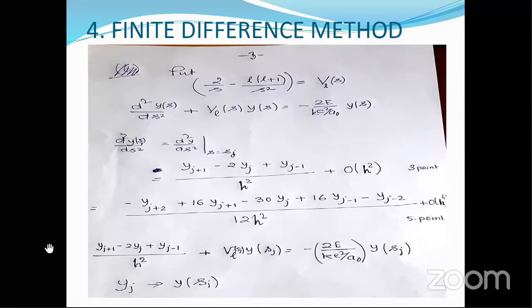That's why at the two endpoints I shall put y as 0. In between, the index j runs from 1, 2, 3 to n. So please remember, I have put y0 as 0 and y(n+1) also as 0. The physical reason is that the electron can be neither too close to the nucleus nor too far away from it.